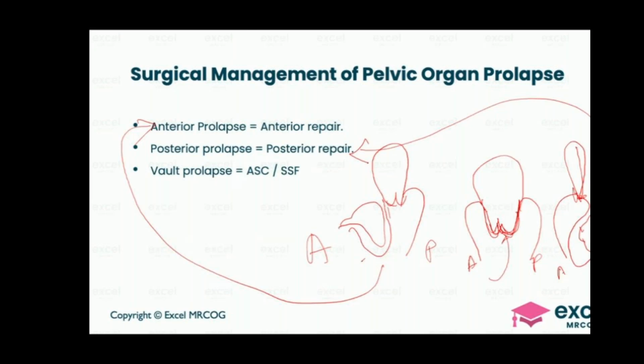And if there is no uterus and the vault is normally like this, but if the vault has descended down, then you will do these two surgeries: abdominal sacrocolpopexy or sacrospinous fixation. Clear? Clear?